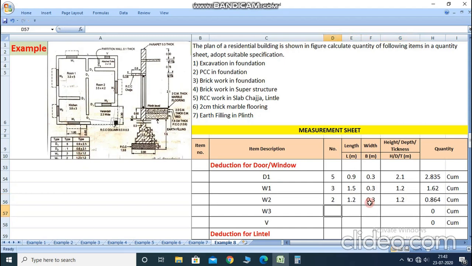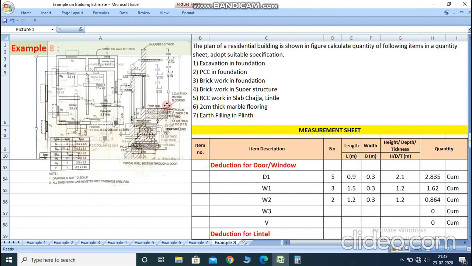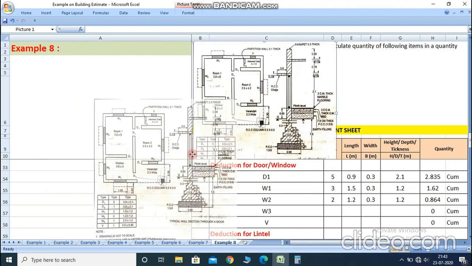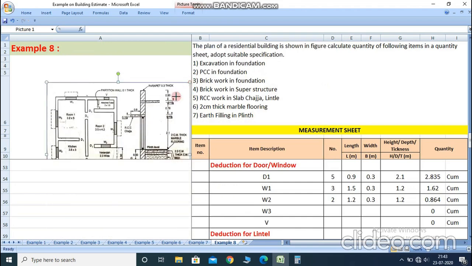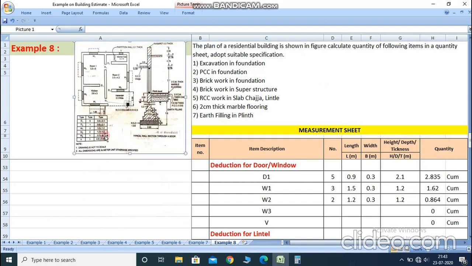Now for window 3, the number is only 1, so here we write 1 only.